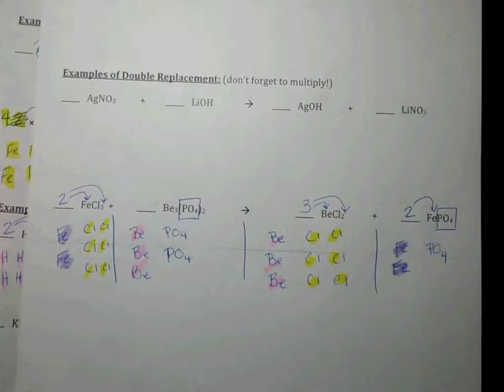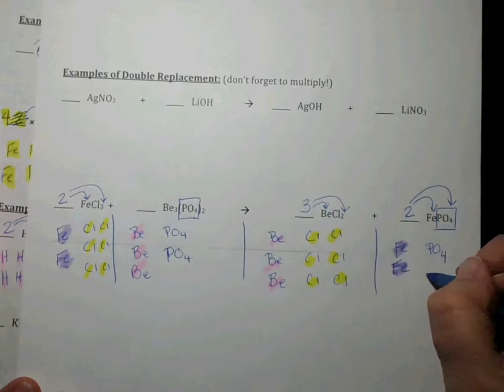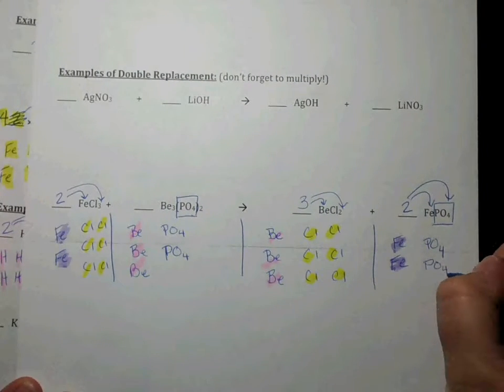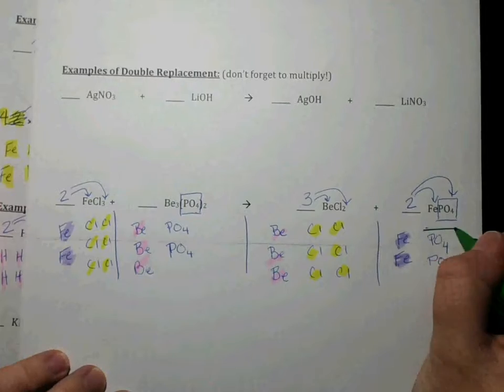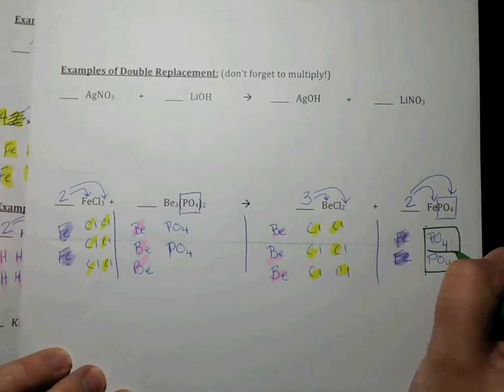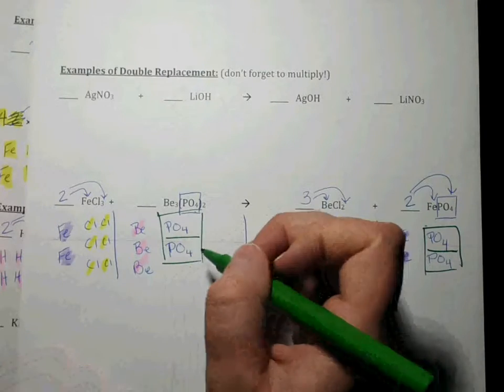If I look at my phosphates, oh wait a second, now that's interesting. This 2 also distributes to the phosphate, making a second phosphate here. And oh my, that means I have 2 phosphates on this side to match the 2 phosphates on this side.